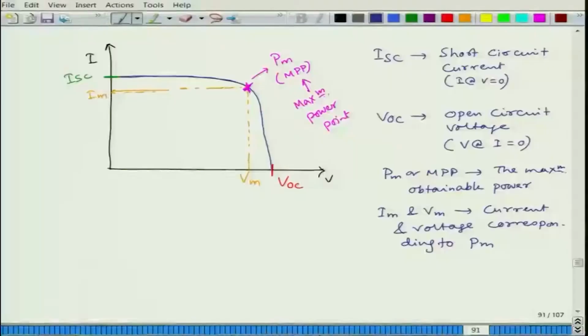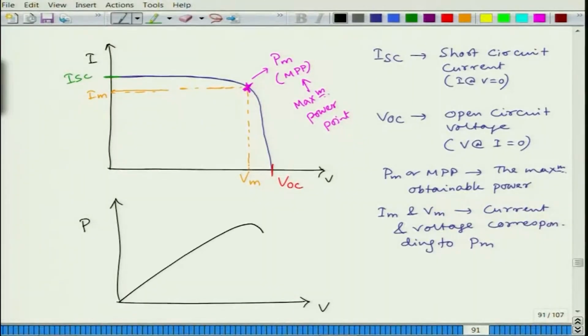That is the same idea, you can plot it in this PV curve. P means power, V means voltage. So, if we see that, it will be somewhat like so.